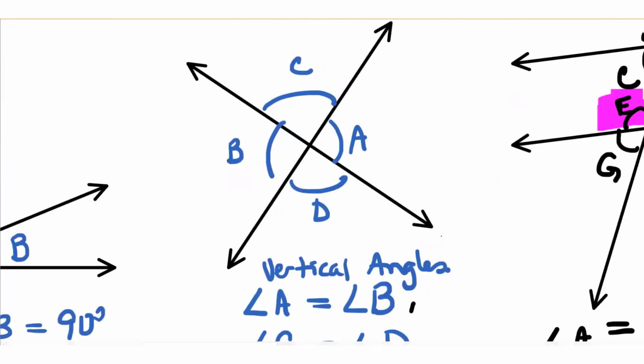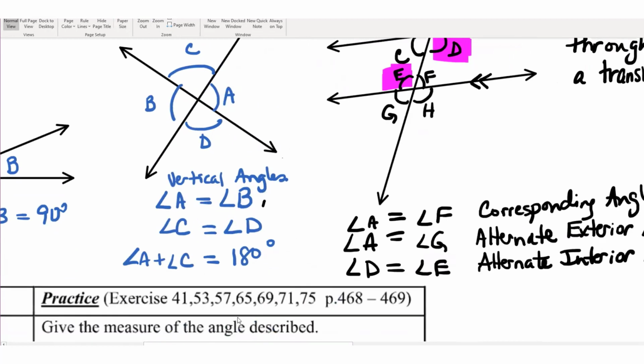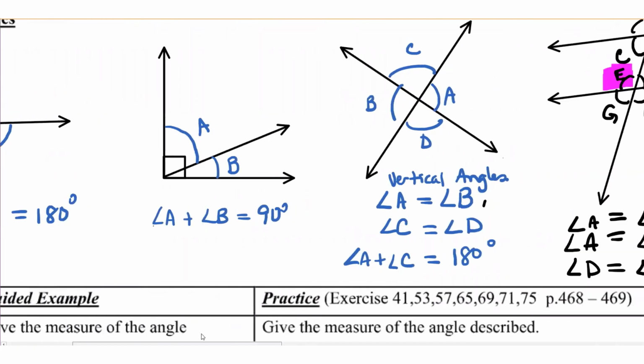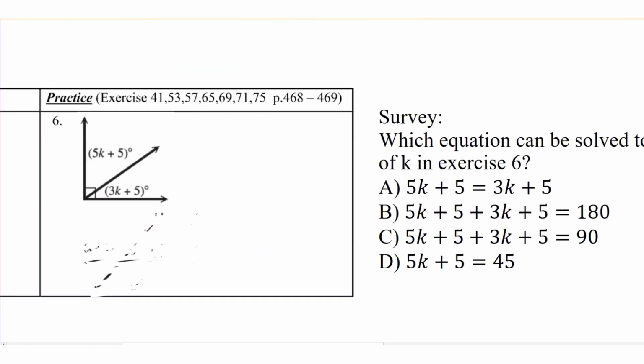The next thing we're going to do is going to be a survey, and I want to remind you of all the different relationships you can see that I'm just going to ask you to set up the equation. So remember, depending on the diagram, we have different relationships.